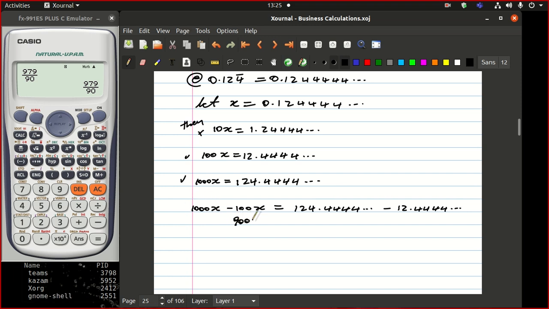So here you will have 900x, and then this side, of course, we do the same thing that we like to do, which is using tens and units to subtract this. I have 1, 2, 4, and then 4s. And then the next thing here, you want to align this decimal point with that, and then start writing the numbers after the decimal.